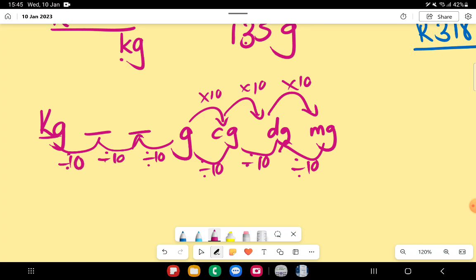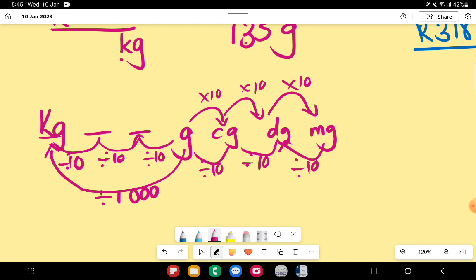But how do you hop all 3 in one go? How many zeros are there? It's 1, 2, 3 zeros in 3 hops. So if I hop from grams to kilograms, I'm going to divide by 3 zeros, which is 1,000. That is the same as doing 3 tens, which is 1,000. So it's 10 times 10 times 10.